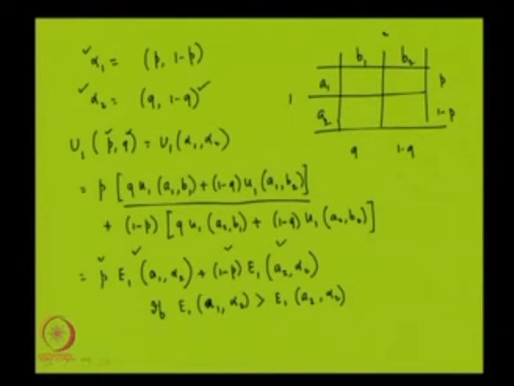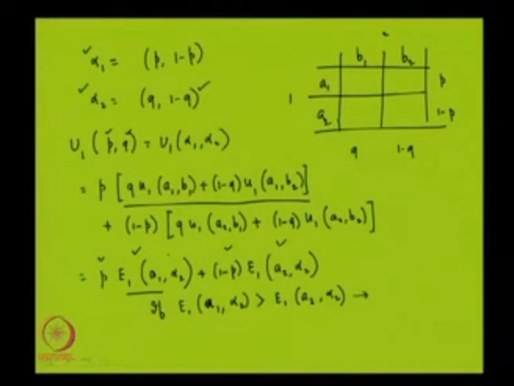In that case, this is higher and player 1 has control over P. So, in this case player 1 will set the value of P equal to 1, because that is the higher value attached to P. So, P will be equal to 1. So, this is the optimal action for player 1.